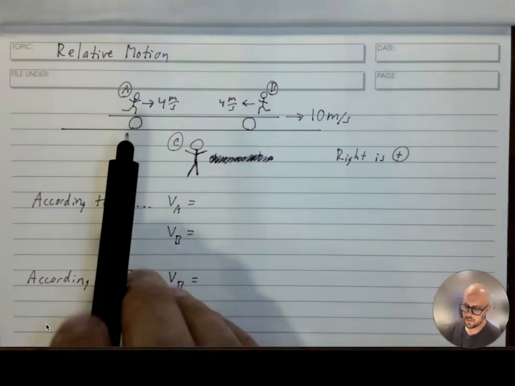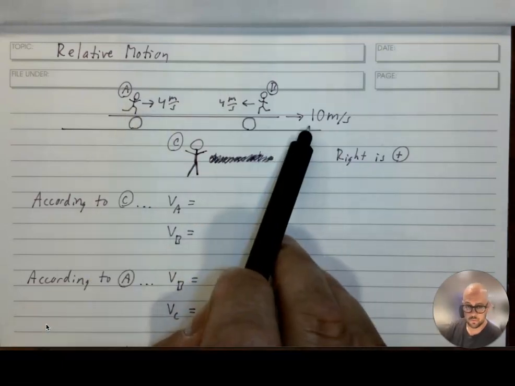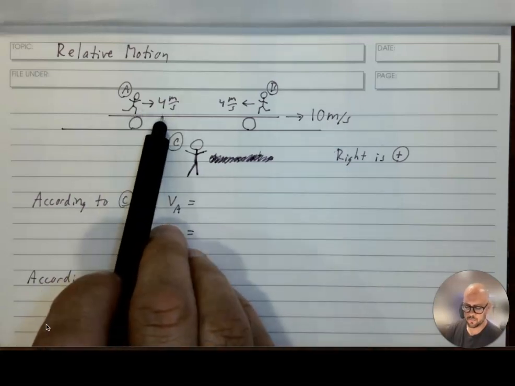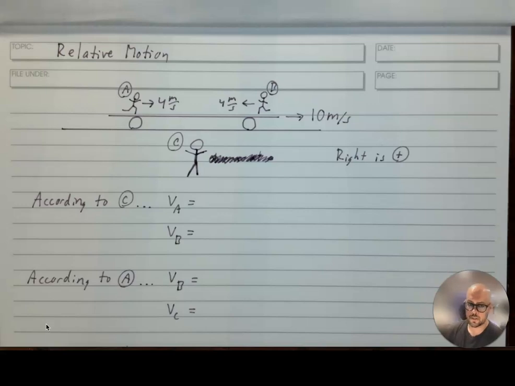So according to person C, who's not moving, we're going to think about the velocity of person A. Now, they're on a platform that's moving 10 meters per second, and they're also running at 4 meters per second. These two velocity vectors are pointed in the same direction, and so they add together.